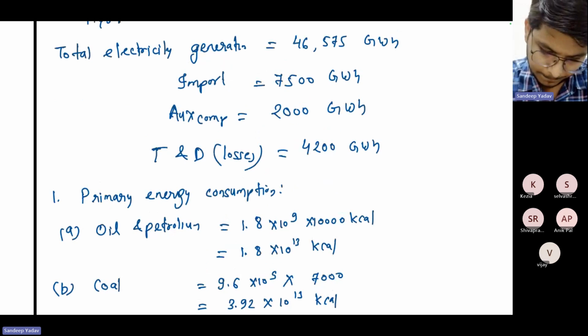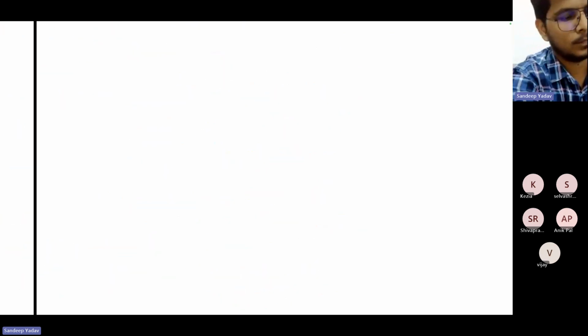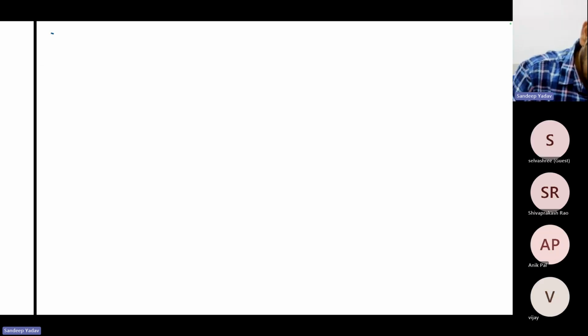Now moving ahead. Similarly, we can calculate for the gas also. The other thing is gas.